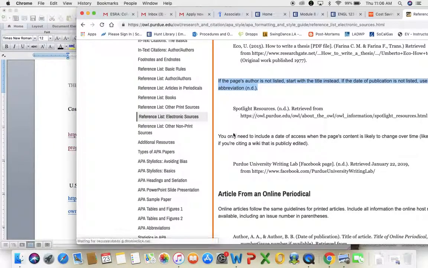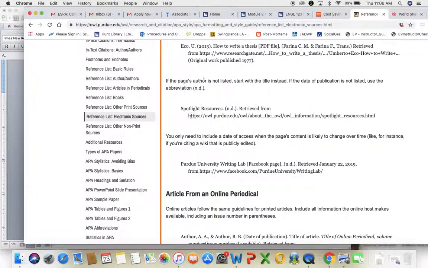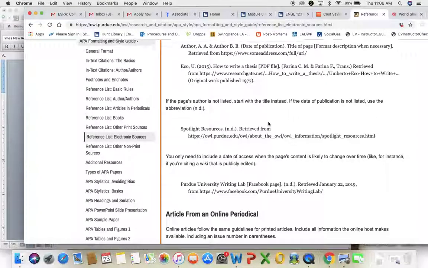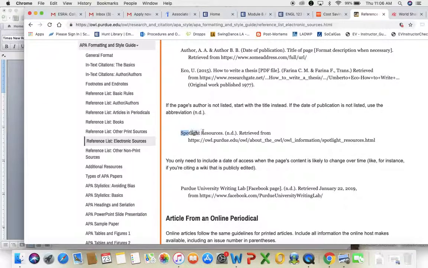And I always go back and look at the formula from APA. So we have the title, and then we'll put 2019 for here, and then you just need retrieved from, and then you put the URL.